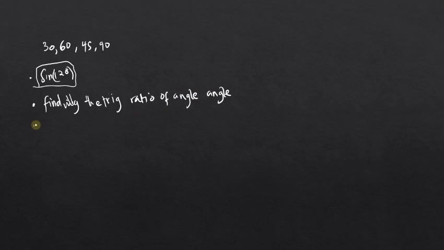One of the basic rules that you need to know here is you need to find the acute angle associated with, let me put this in quotes, the big angle. The angle in question, you need to find the acute angle that's associated with it. So we'll find that very soon.